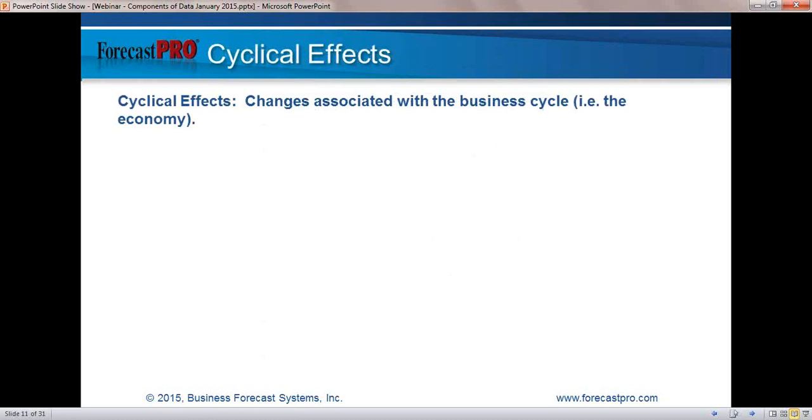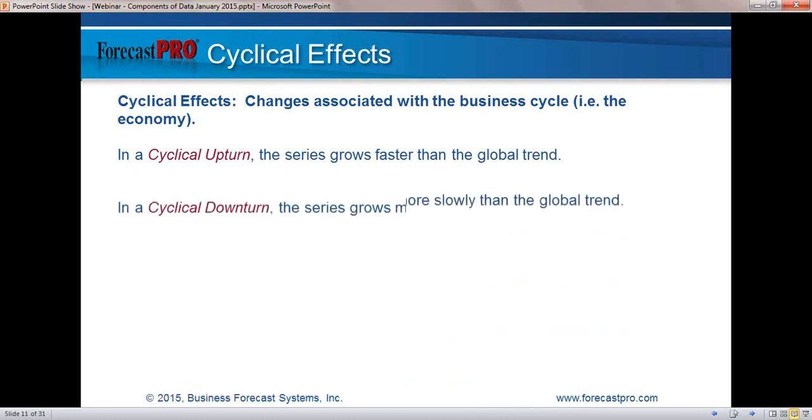I have this labeled cyclical effects, but what we're thinking about now are changes that are associated with the economy. The economy goes through cycles. There are periods of expansion and there are periods of recession. If we're in a period of expansion, we refer to this as a cyclical upturn. The idea is that we're going to be growing faster than we normally would because the economy is doing well.